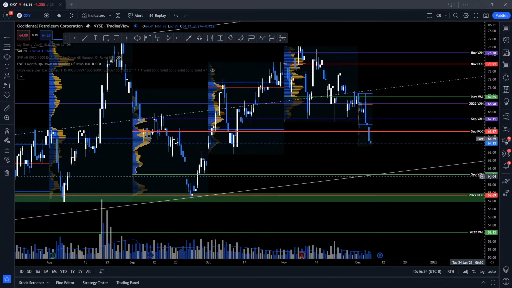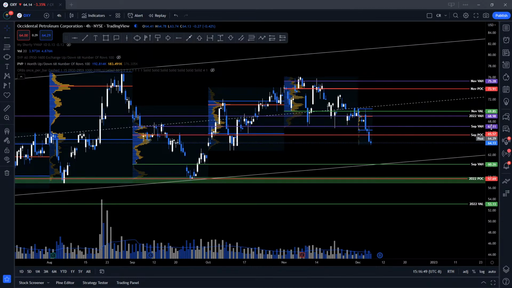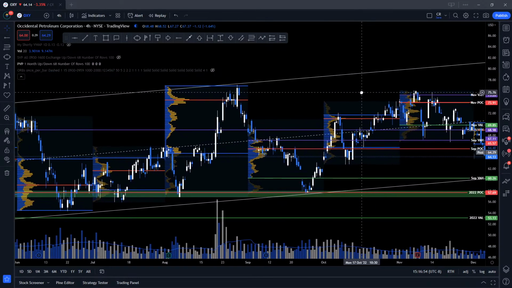This is also basically a psych level, $60 even. If you start to see a bounce here, like I said, I would just start a position there. You're going to want a few months out though.